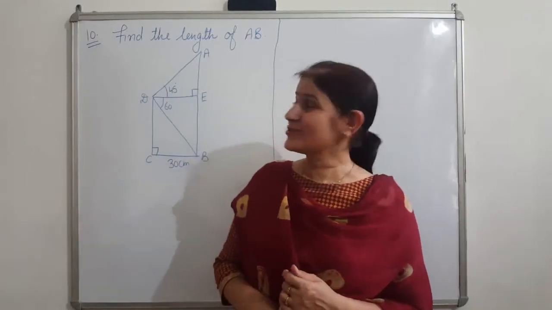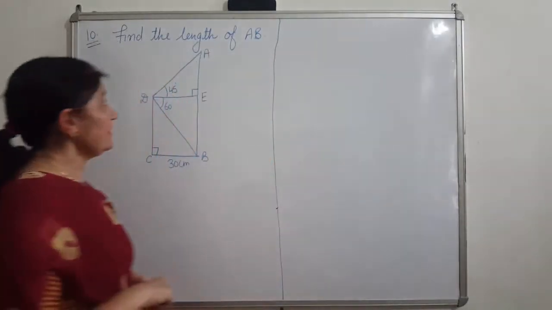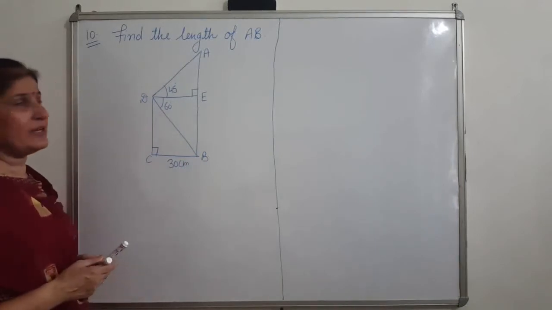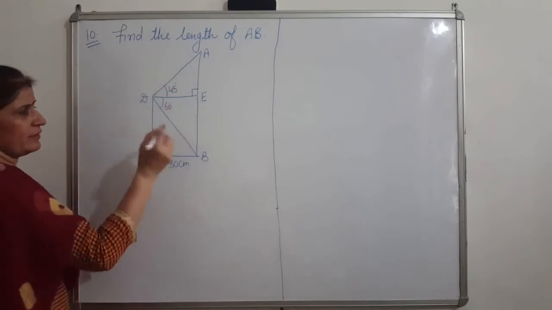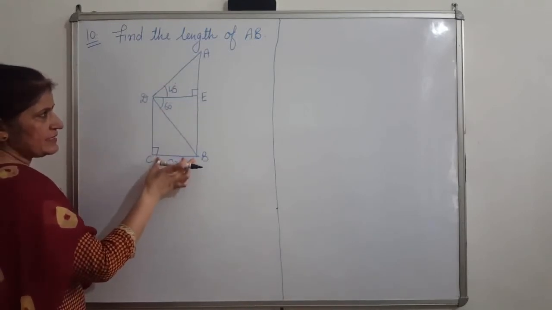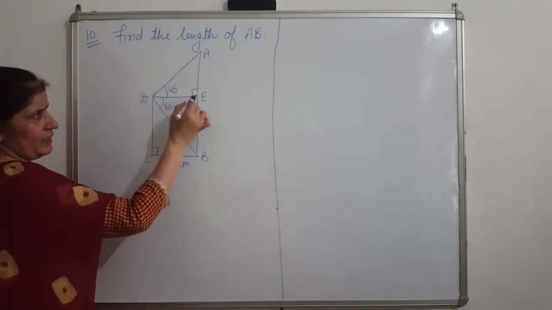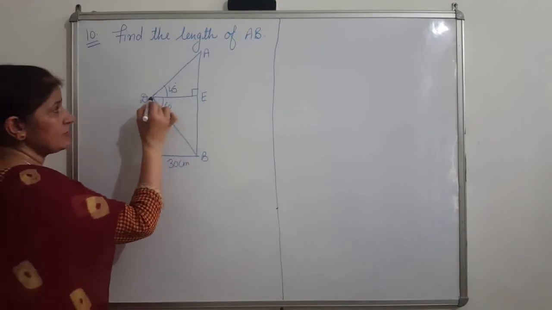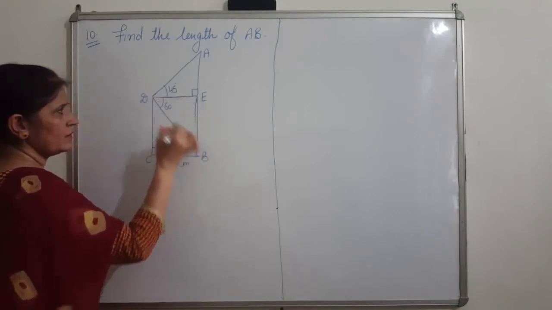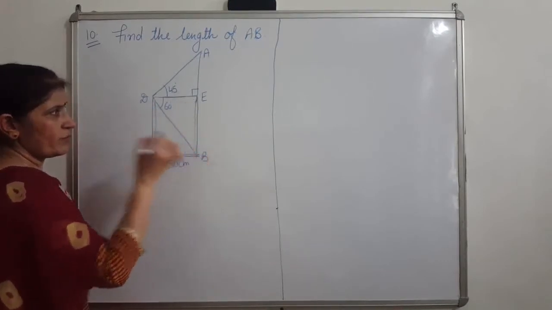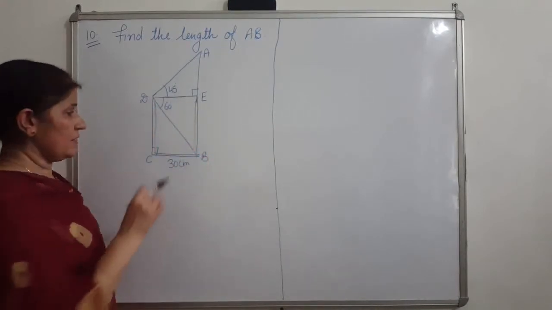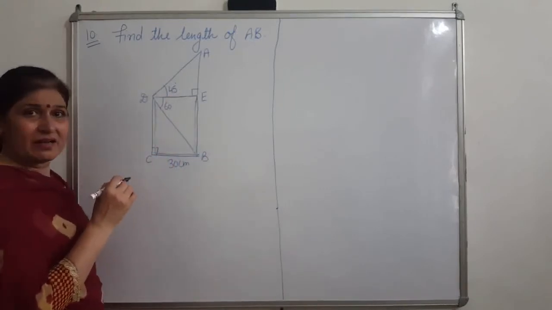Now next question, question number 10. In this question the diagram is given and you have to find length of AB. Now just concentrate on the diagram. This BC and DE will be equal. Why? When you see this figure, this one figure, it is forming a rectangle, and in a rectangle opposite sides are equal.